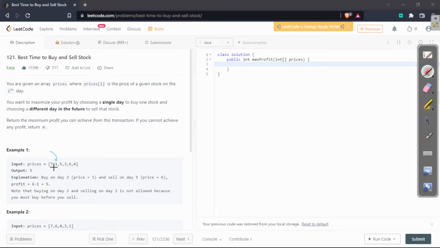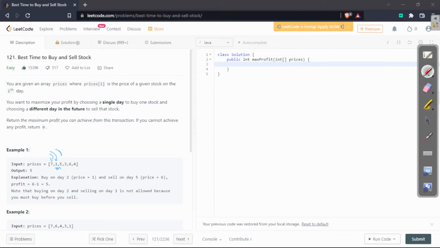On the first day the value is 7. Is 7 less than 1? No, it's not. So what we need to do is find the minimum in the array. So 1 is the minimum, and at any given point, if there is a value less than 1, then it will become the minimum.